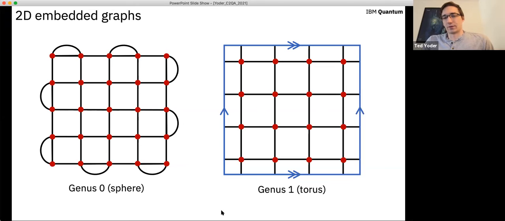And then you can draw these on higher genus surfaces as well, often conveniently drawn by having some polygon with opposite edges, or they don't necessarily have to be opposite edges, just edges identified, and then the graph drawn, such as in this example, where there's just a square lattice on the torus, and this defines some sort of toric code. I'll tell you where to place the qubits and the stabilizers next.